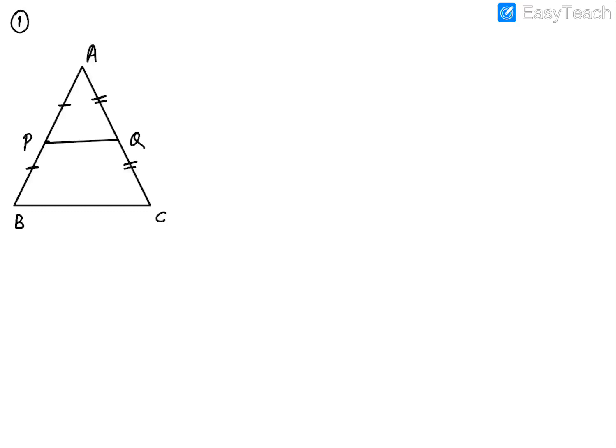Okay, I'll just write down the data that is given to us. AB is equal to 9.6 centimeter. BC is equal to 11 centimeter. Then AC is equal to 11.2 centimeter.